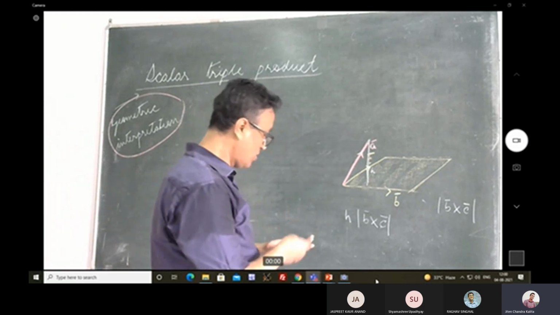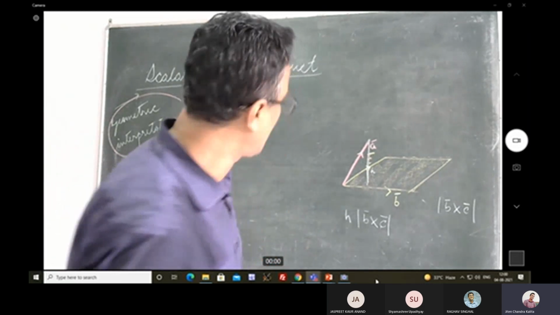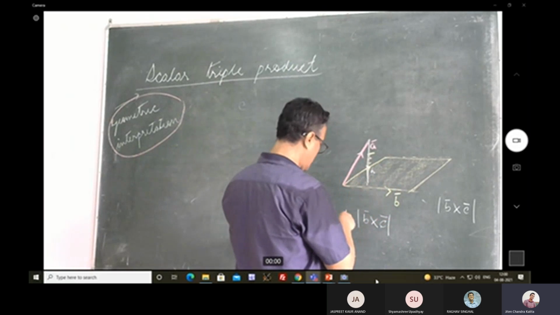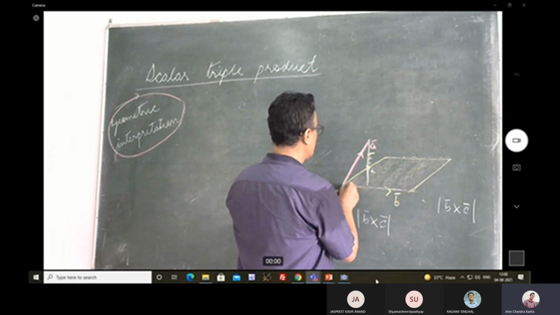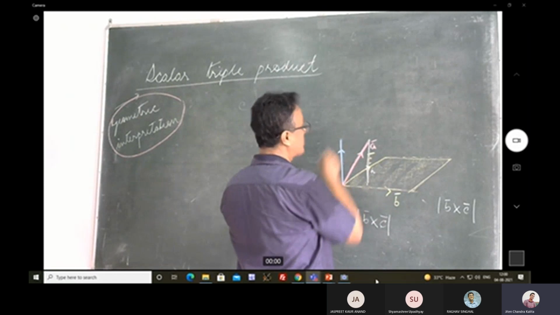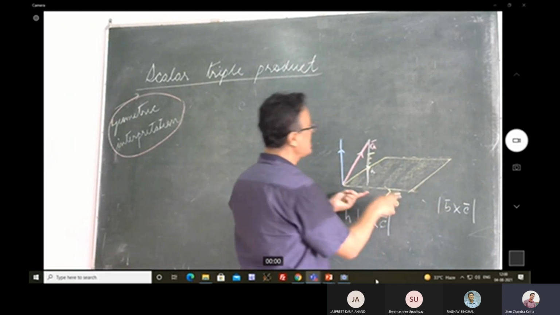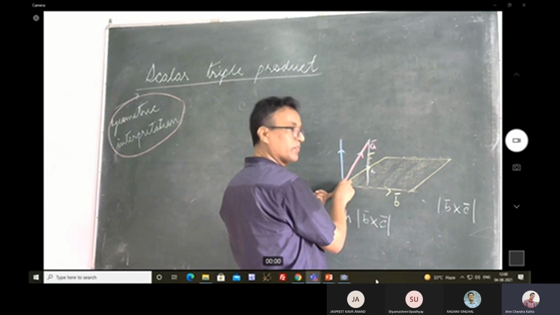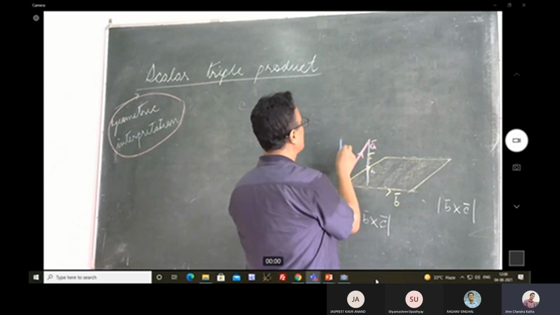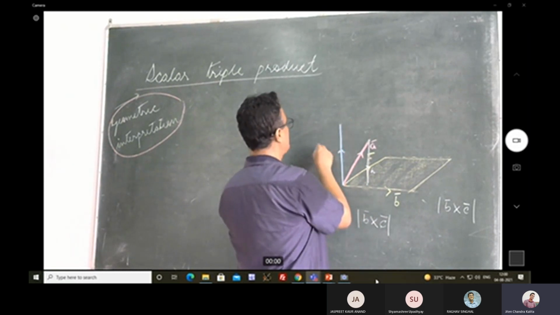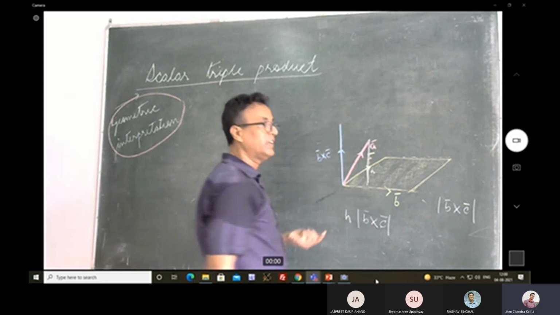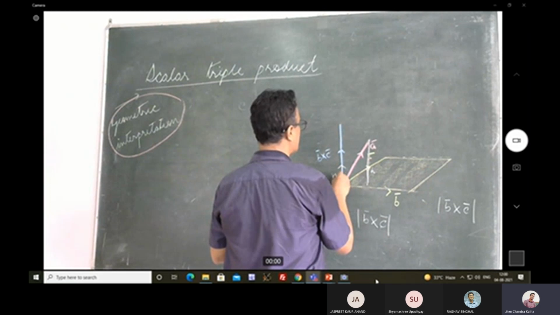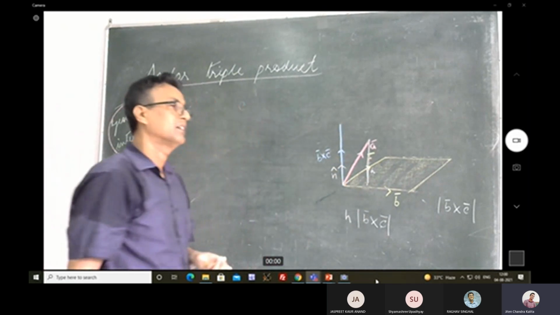Now let us come to the cross product of B and C. It is a vector which is perpendicular to both B and C. Suppose this is B cross C, and suppose a unit vector along B cross C is n cap.